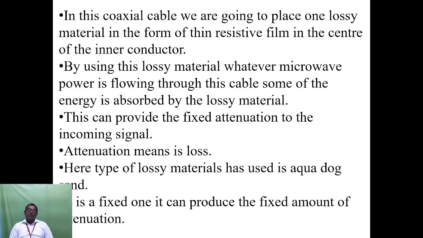The power should be high at the transmitter and the receiving side of the microwave system. Here the lossy material we use is aquadag sand, which is a fixed one and produces a fixed amount of attenuation.